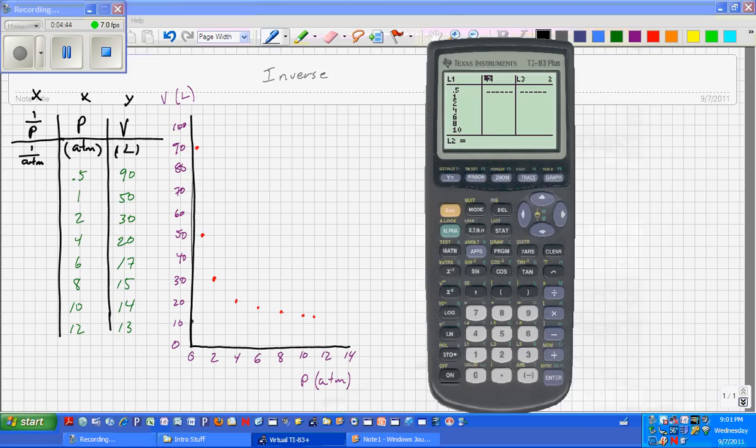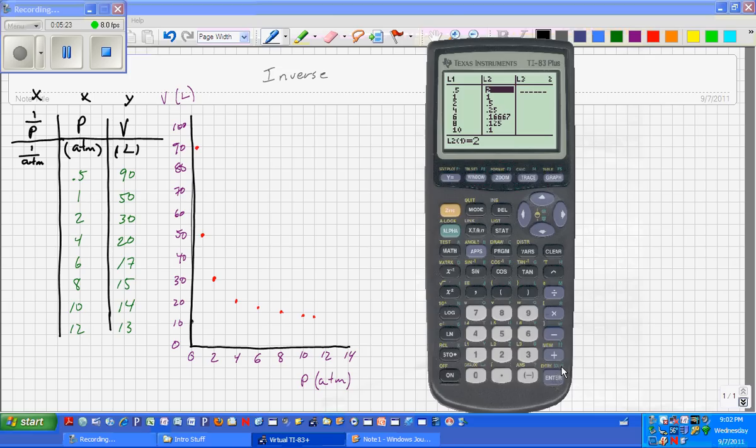I'm going to call that second list 1 reciprocal, which is raising something to the -1 power. So that's to the -1. What I could have also done is 1 divided by the initial list. Either one will work. I hit enter and it fills in all my values.